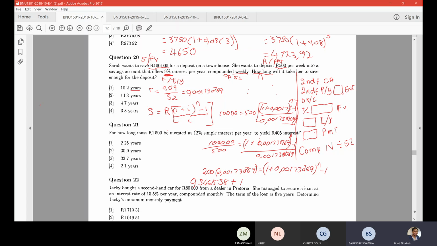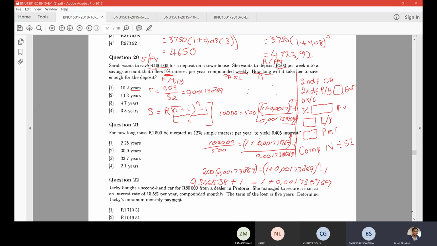So this will be +1 equals 1 plus 0.001730769. We add 1 to that because it's negative; when it goes this side, it becomes positive.